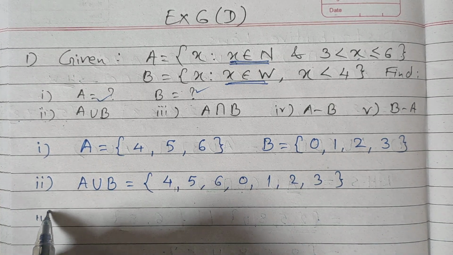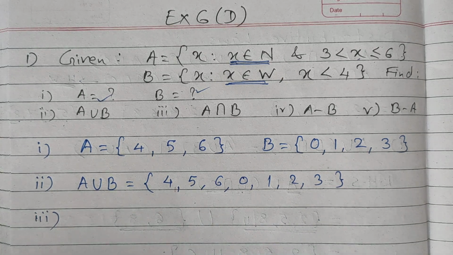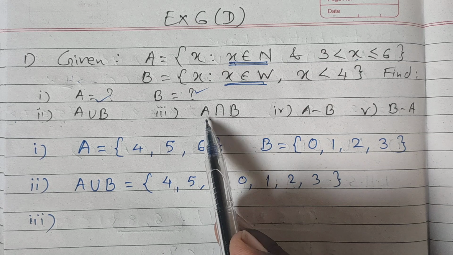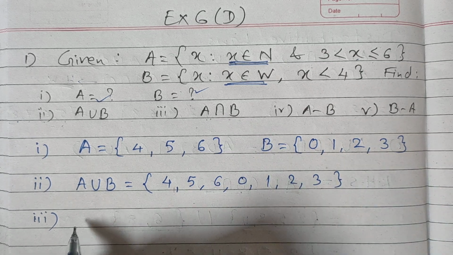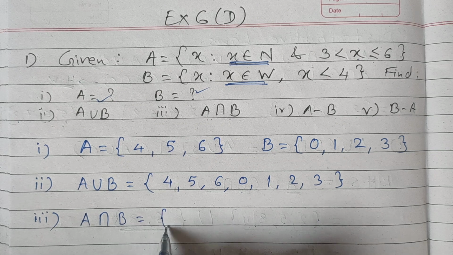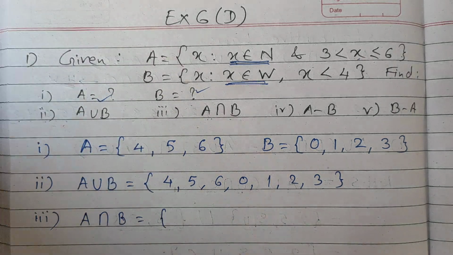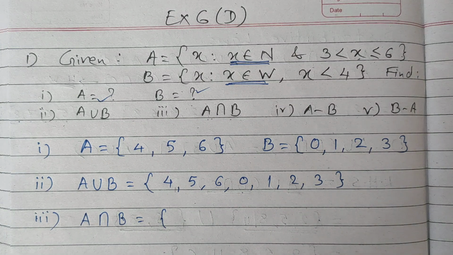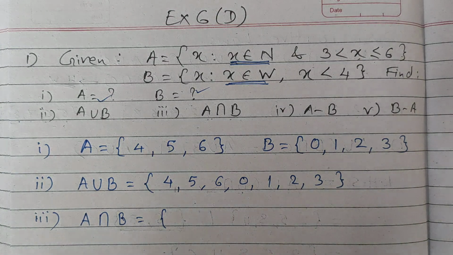Third, in the third part, what do we have to write? A intersection B. That means the common elements between the two sets, A and B. Now students, tell me, let us check whether the two sets have any common elements.